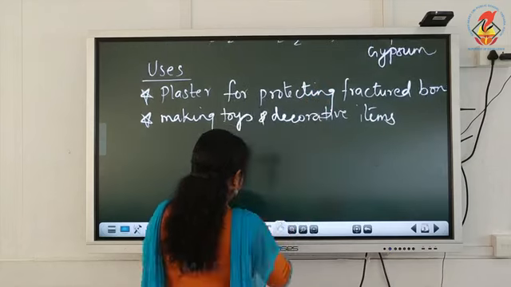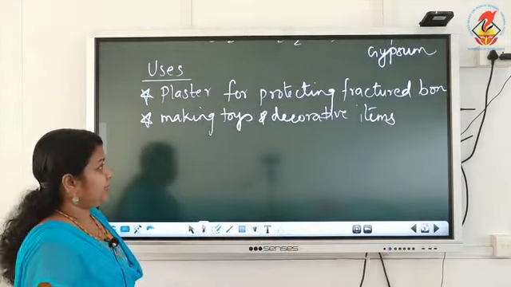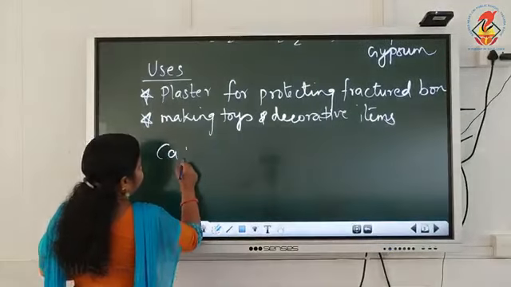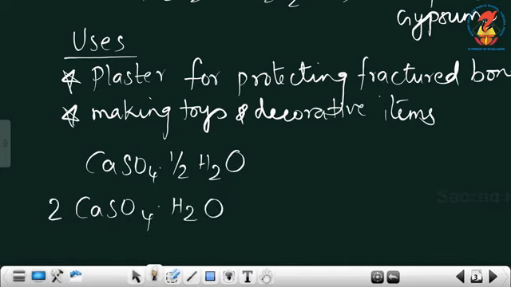Now, one more thing: in the last board exam, there was a question, why in the formula of plaster of Paris there is half a molecule of water. Give reason. The answer is that actually the formula of plaster of Paris is (CaSO4)2.H2O.